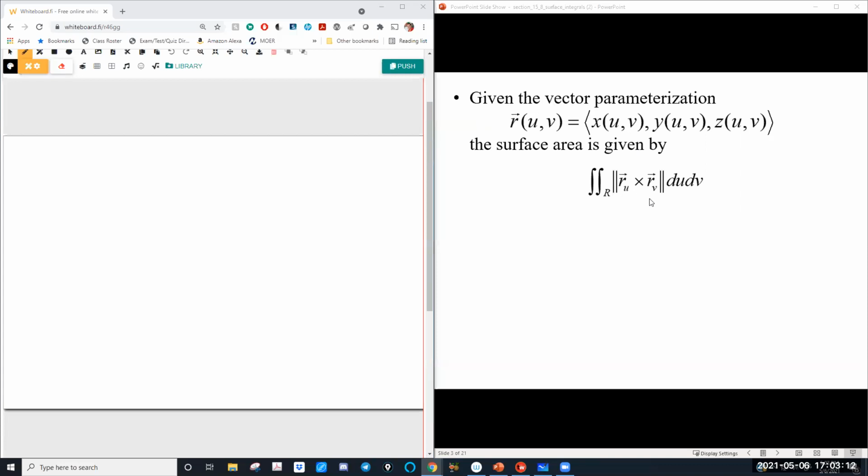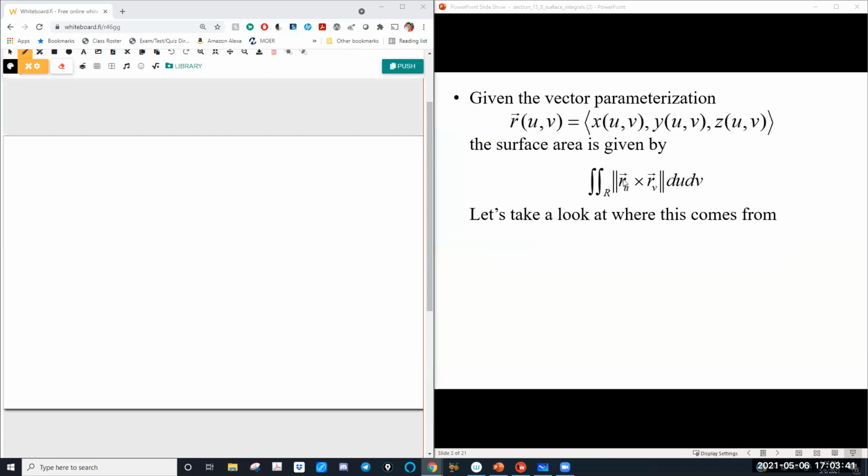The reason this works is because the magnitude of the cross product gives us the area of a trapezoid. So what we're doing is breaking up the surface into infinitely small trapezoids and then integrating over all of those. That's just a little bit of the idea of why this looks the way it does.